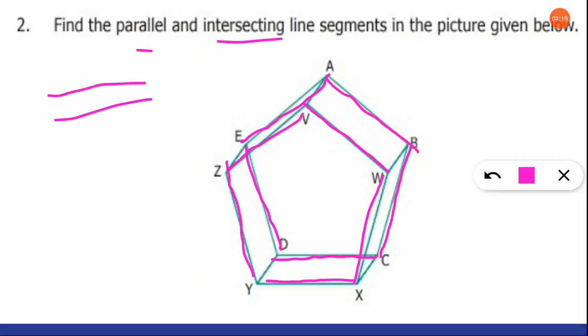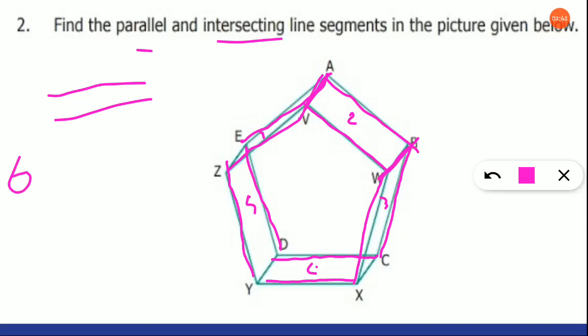Okay. Is there any other parallel lines here? Look at the diagram nicely. Shall we say this AV is parallel to BW? Okay, so already we know this is 1, 2, 3, 4 and 5 sets we have already found out. Now we are saying the sixth one as AV and BW.